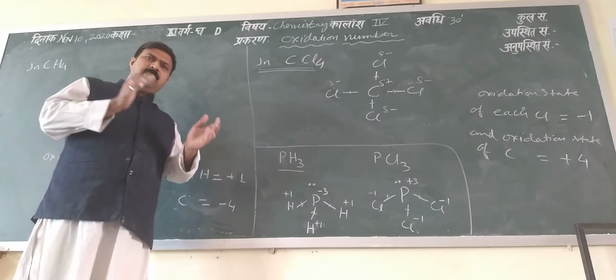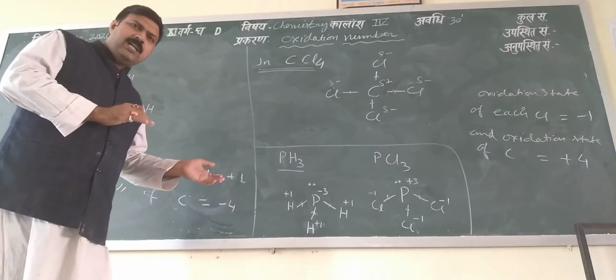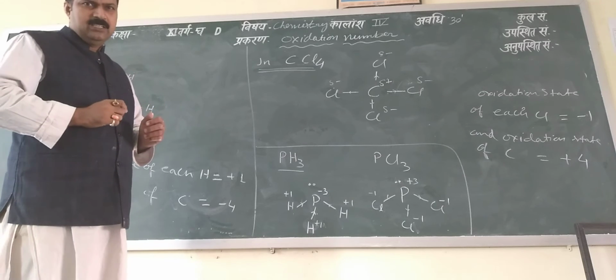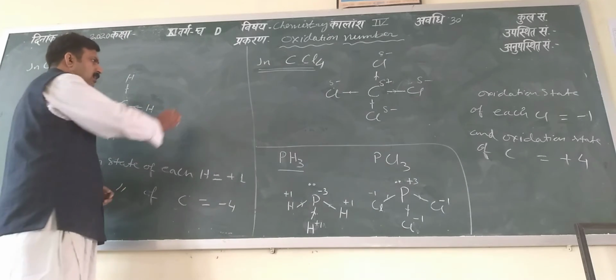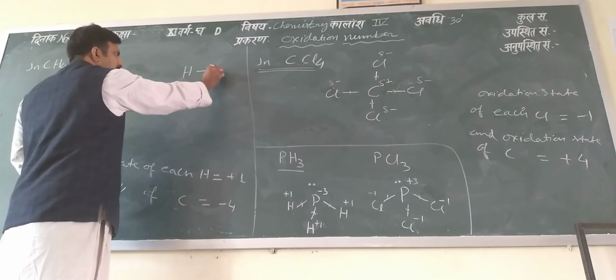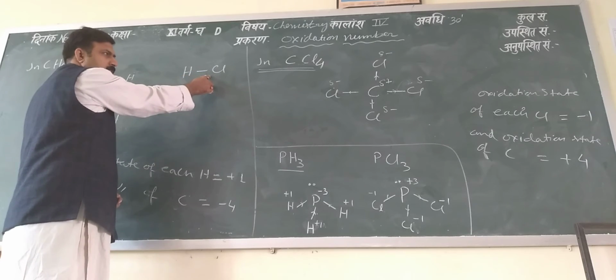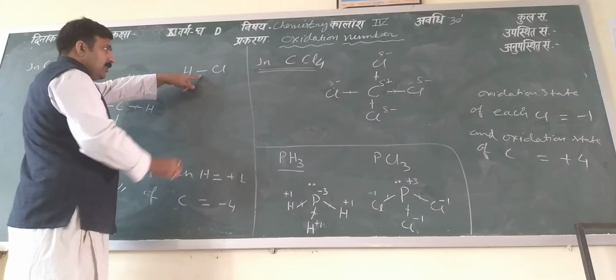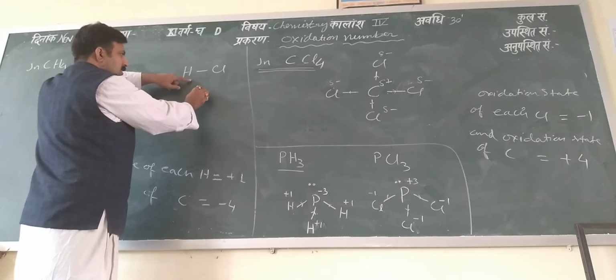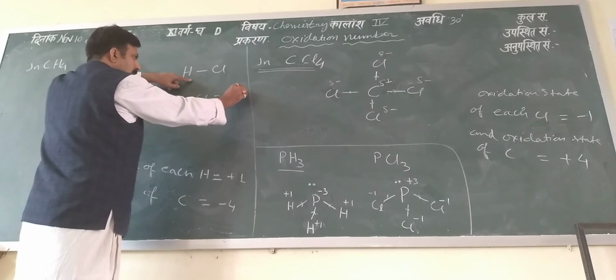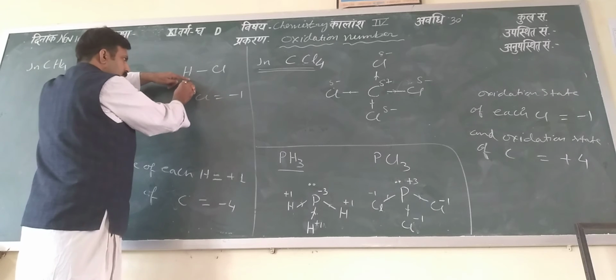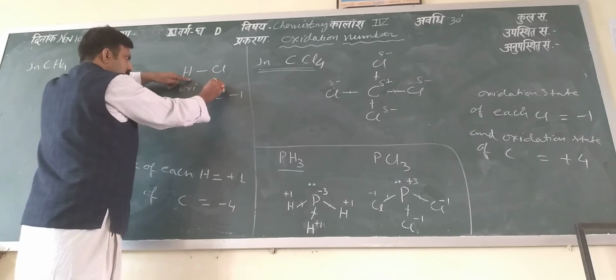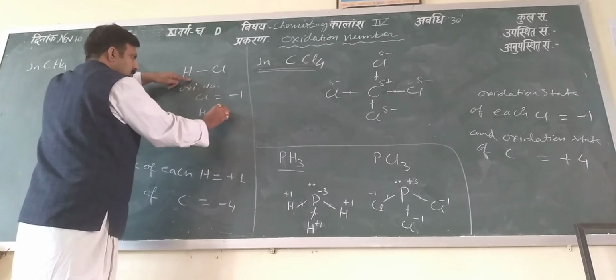Oxidation number may be real charge or imaginary charge. For example, in case of HCl, HCl is covalent. So in HCl, the oxidation number of chlorine is -1 and hydrogen is +1.